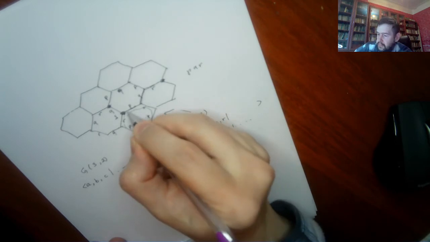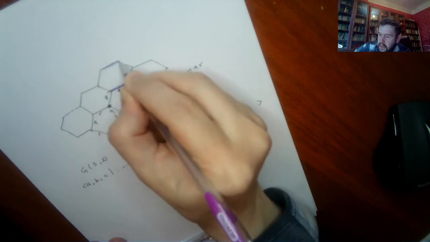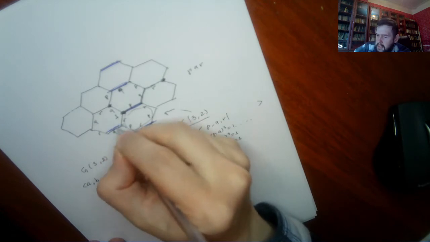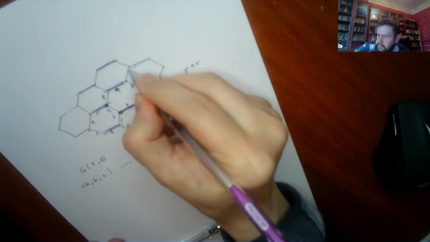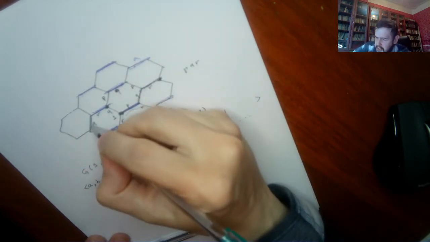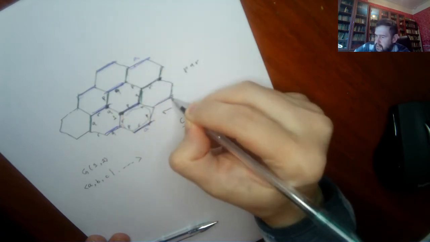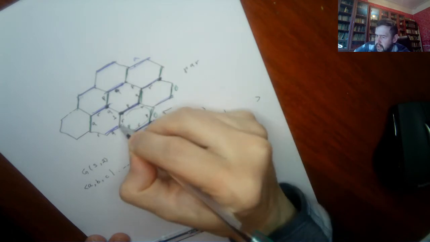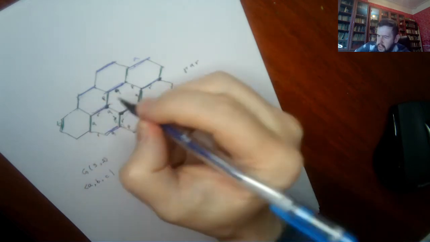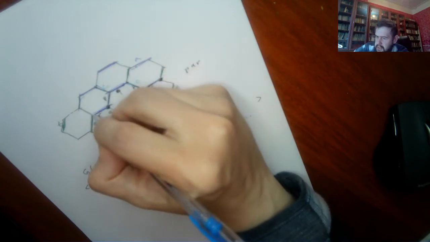In fact, I will be using, say, this purple color for horizontal edges, and this will be, say, A. So here I have A everywhere, and I will use, say, this green color for edges with this slope, and those will be, say, B. And I will also use the third possible slope, say, to be blue, and this blue will correspond to C, okay? So we have A, B, and C.